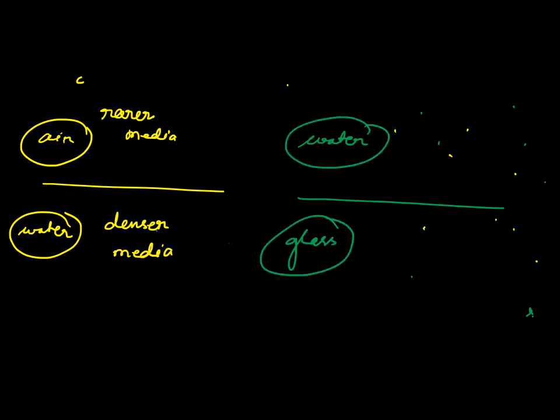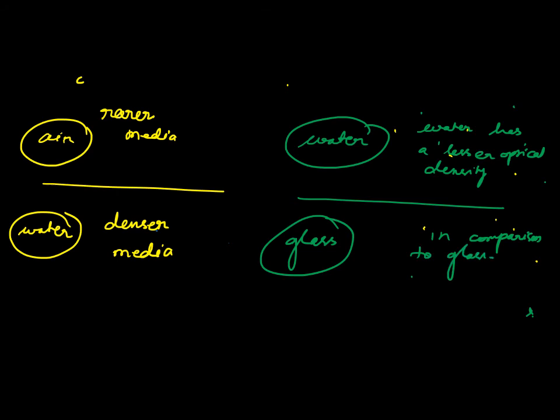If you compare water and glass, water has a lesser optical density in comparison to glass. So water will have a greater speed of light as compared to glass. Can you tell me which of the two will be the rarer media?